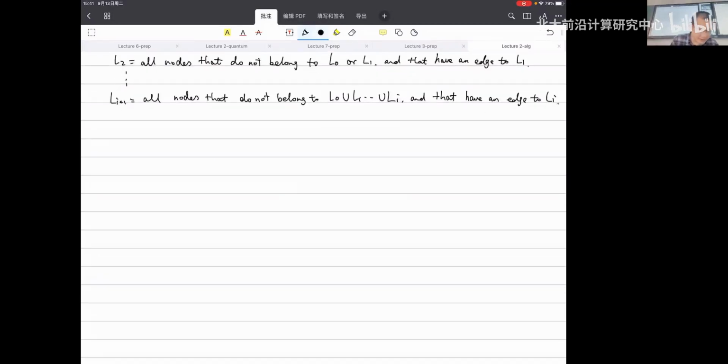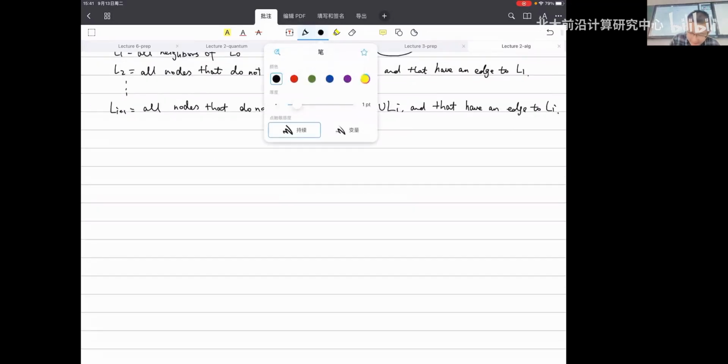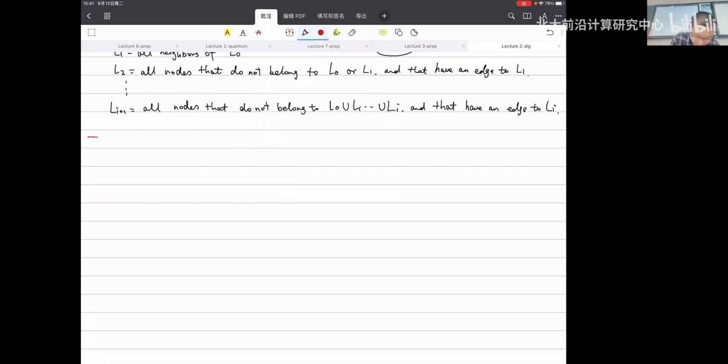Okay, so I guess this is relatively simpler to understand. I'll give a theorem along this. So a theorem: for each i, Li consists of all nodes at distance exactly i from S. And this basically gives you an answer to the shortest path problem.